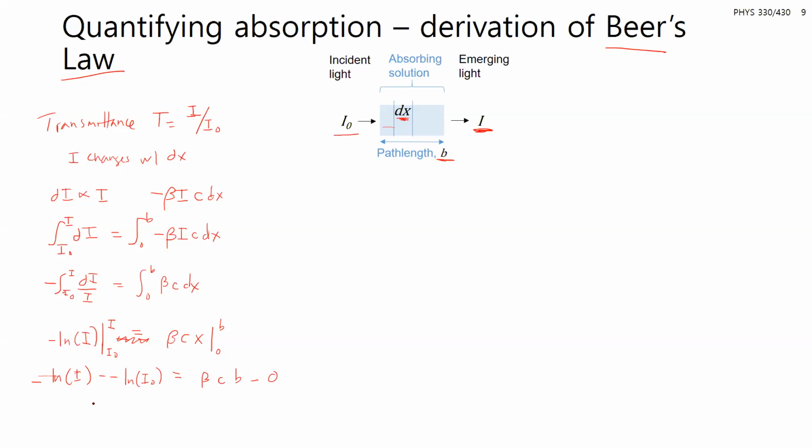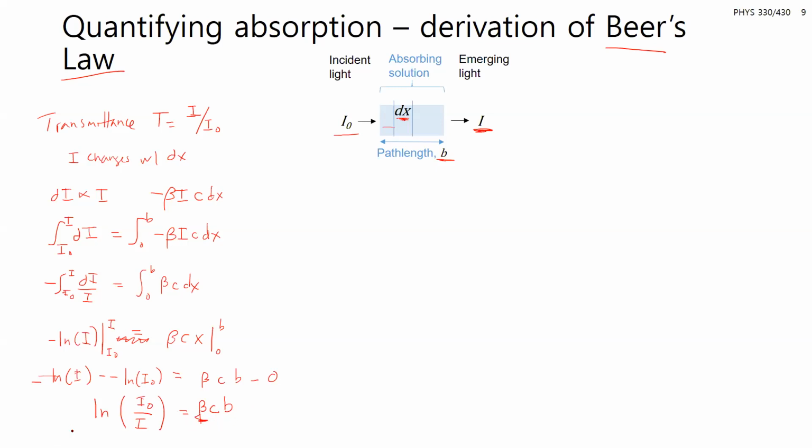If we reorganize these natural logs using some of the properties of logs, we'll get the natural log of I naught over I is equal to beta c times the path length. So this beta here is just some arbitrary proportionality constant.